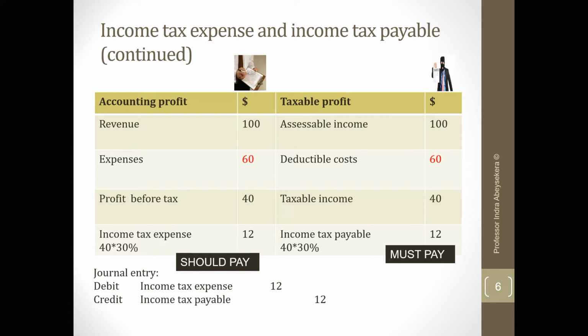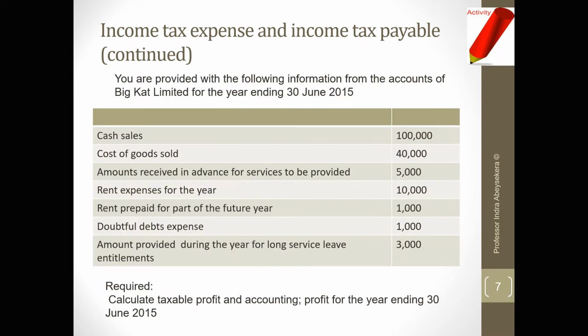So this is theoretically what would happen, but as I pointed out, accounting uses accounting principles, and the tax office uses the taxation legislation. Because of these different guidelines that the two paradigms use, often income tax expense does not equal income tax payable.